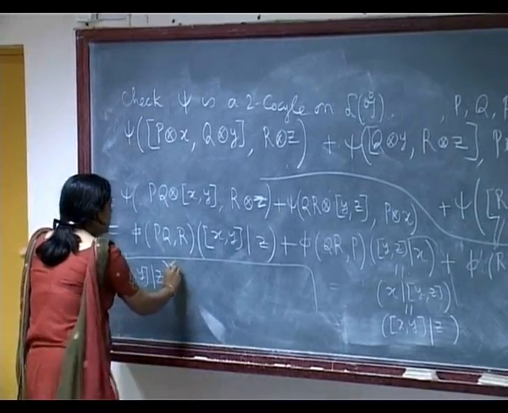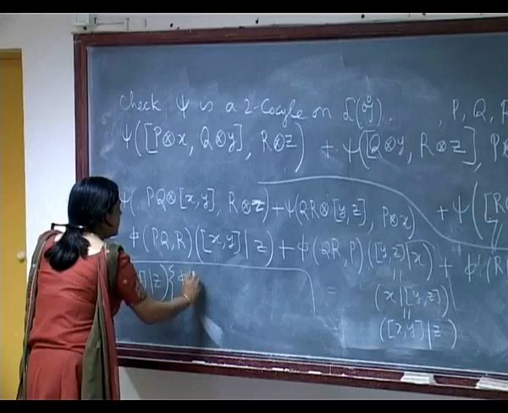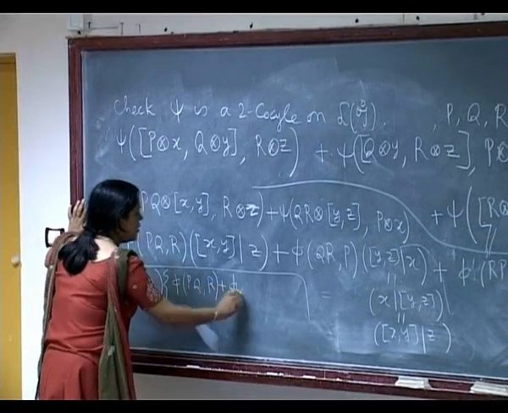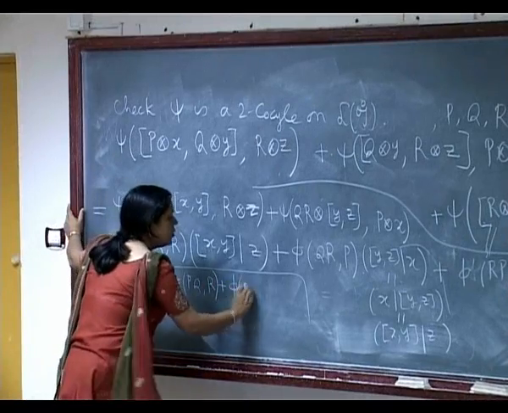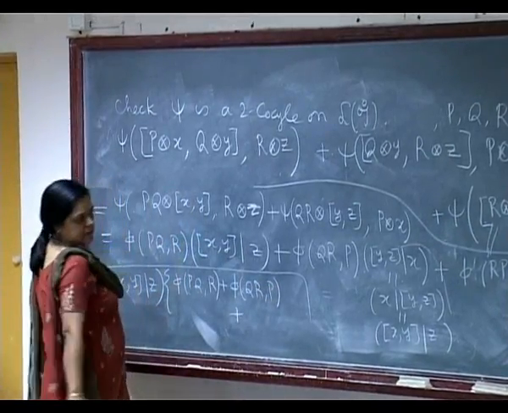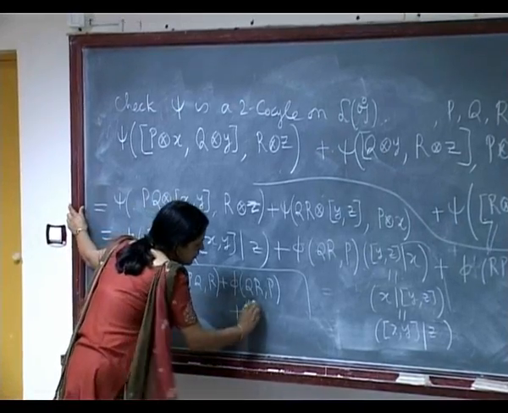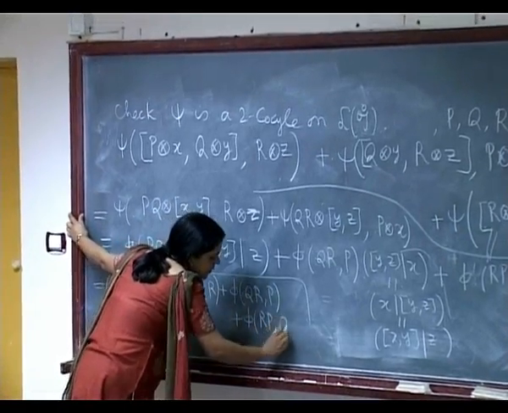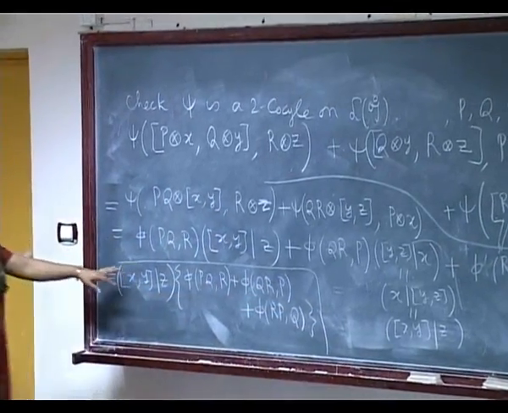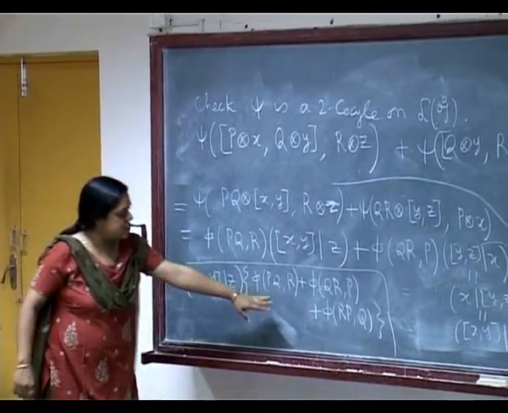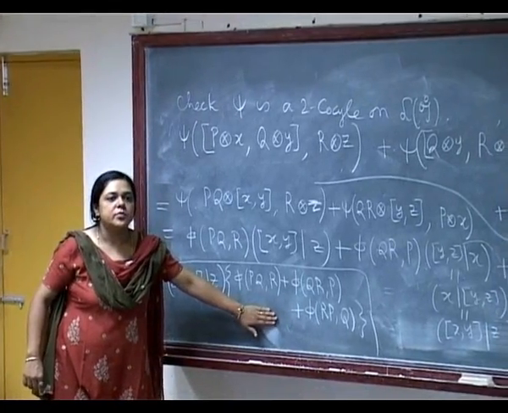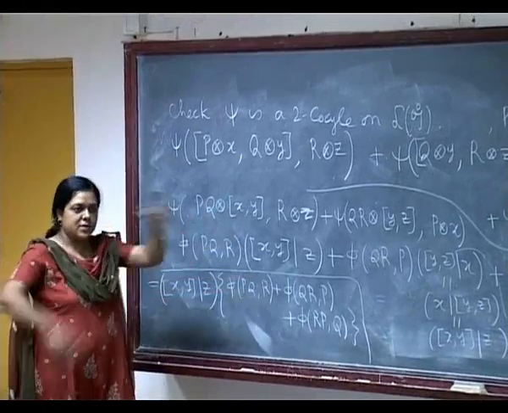All right. So, finally what we have got is the bilinear form of x bracket y with z, and inside the bracket we have phi of PQR plus phi of QRP plus phi of RPQ. This is 0. I wrote it before.